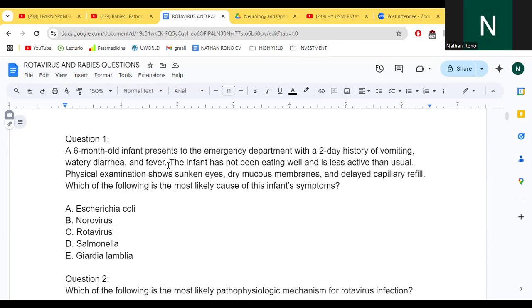Good. So as you can see here, sunken eyes, dry mucous membranes. So basically the dry mucous membranes are the lips, the mucosa, and delayed cap refill. So delayed cap refill, how it's done is you take your fingernail, press on it for 5 seconds, and then you release.